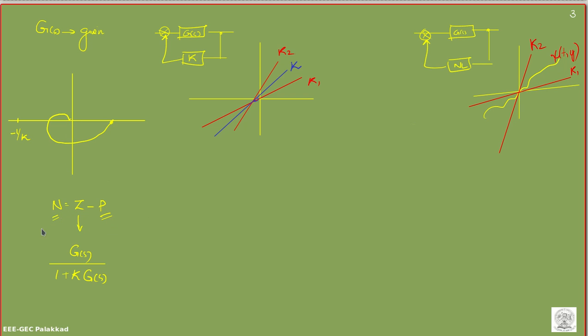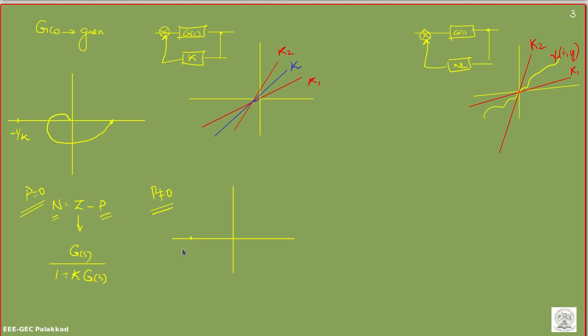Now, if P is not equal to 0, what will be then? That means there will be poles on the right of the imaginary axis of G(S). If there are poles on the right of the imaginary axis, then what does the Nyquist criteria say? Then there should be P number of counterclockwise encirclements about the minus 1 by k point.